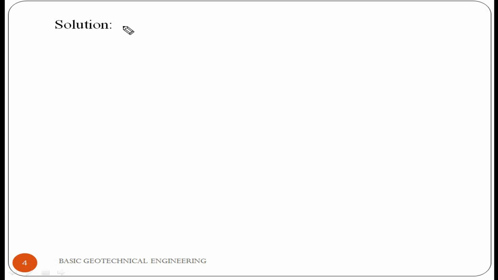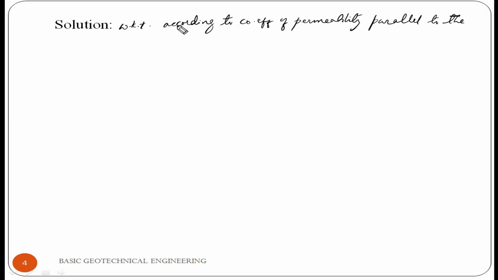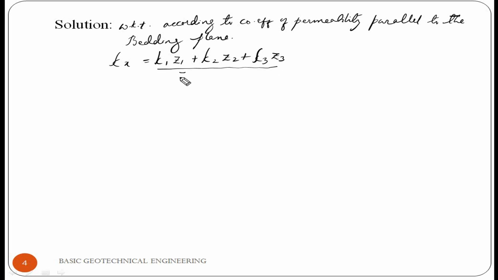So we know that, according to the coefficient of permeability parallel to the bedding planes, the equation is Kx is equal to K1 Z1 plus K2 Z2 plus, as there are 3 layers, up to K3 Z3, divided by Z1 plus Z2 plus Z3.